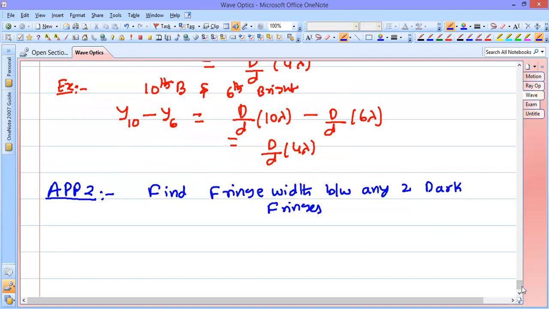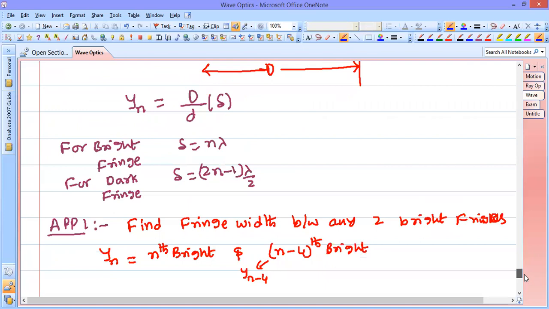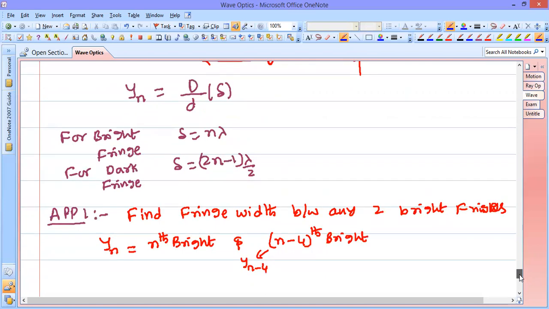Whenever it is dark fringes, it is in odd multiples.